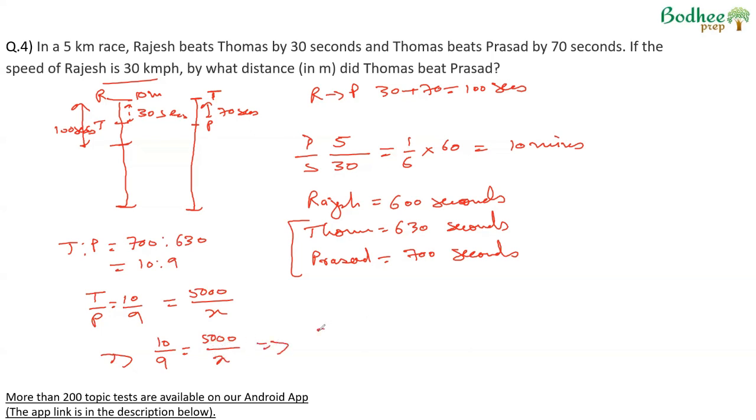And therefore, we can write X is equal to 5,000 into 9 by 10, which becomes 4,500. And therefore, when Thomas finishes the race, Prasad has run 4,500 meters, and therefore Thomas beats Prasad by 5,000 minus 4,500, which is 500 meters becomes the answer.